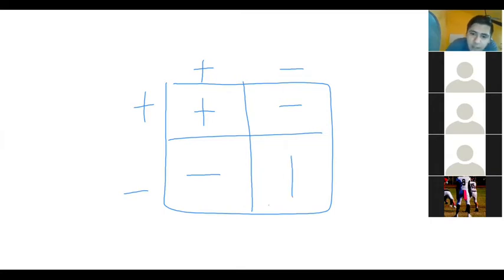That's kind of the way I remember it, but another way is just if they're both the same sign, then it should be a positive. If they're different signs, then we have a negative, right?